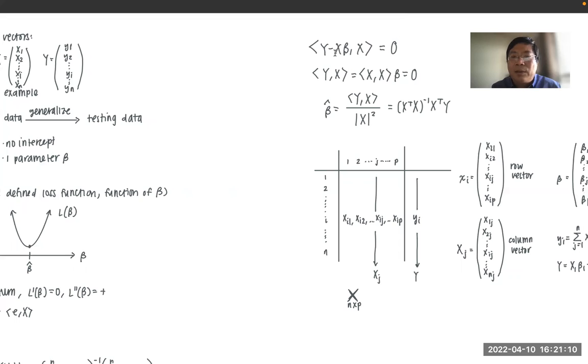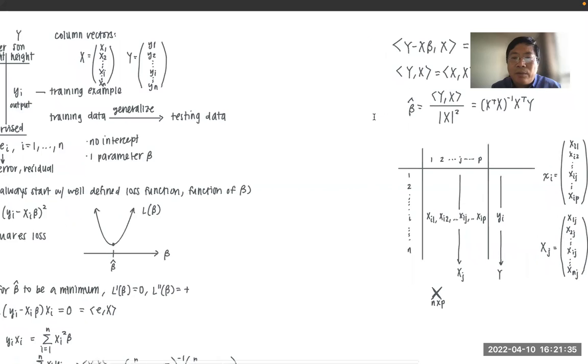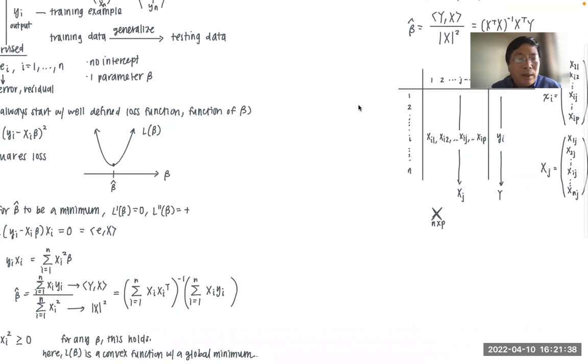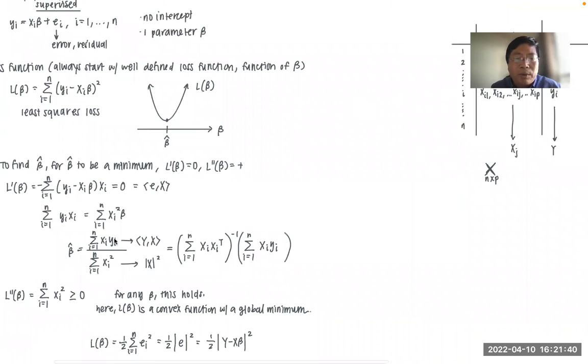So x is still just a single vector, and times x this equals 0, and then we have the inner product of y and x equal to that of x and x times beta, and the inner product of x with itself is the squared norm. So we have beta hat equal to the inner product of y and x over the squared norm of x. This agrees perfectly with what we had.